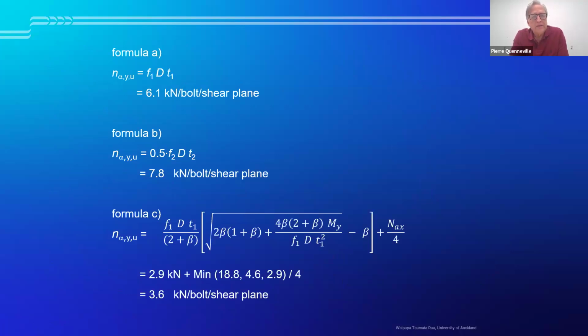So if we get crushing in the side members only, we would end up with 6.1 kilonewton per bolt per shear plane. If we get crushing or embedment failure in the middle member, our T2 member, then we get 7.8 kilonewton per bolt per shear plane.